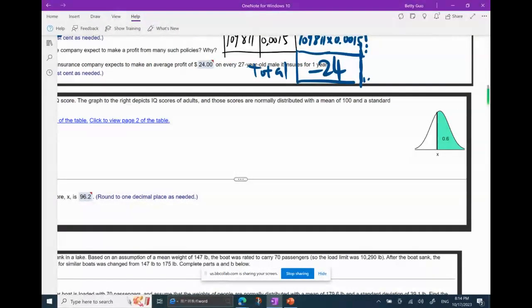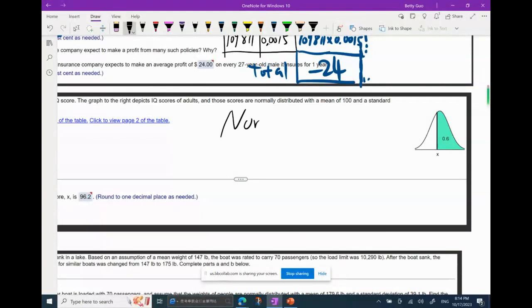Here is a good place to summarize the functions in the calculator about normal distribution. We have two functions to use. One is normal CDF. The other is inverse normal. We only use those two.